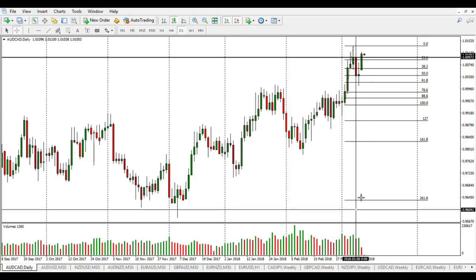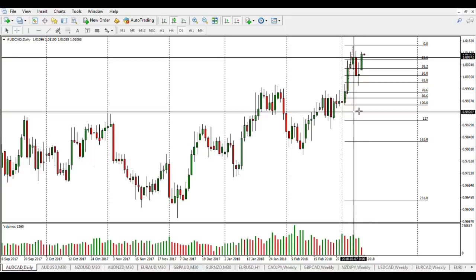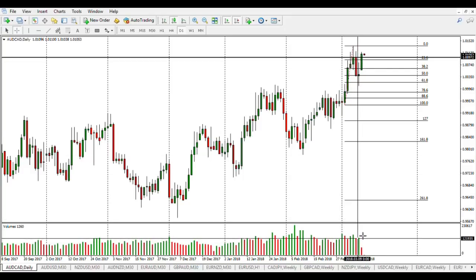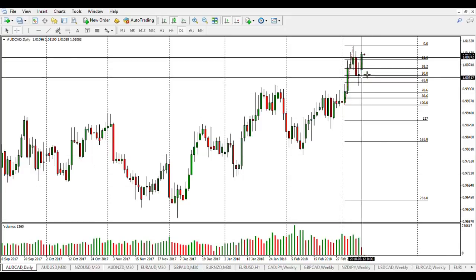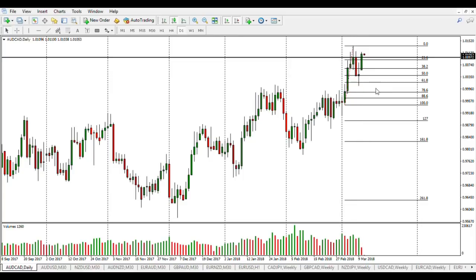We had less volume on this big red candle, and more volume on this little tiny green candle. That usually shows stopping volume and price wanting to reverse in this area. So we had our uptrend, a Morningstar candlestick pattern, and our stopping volume at 61.8.